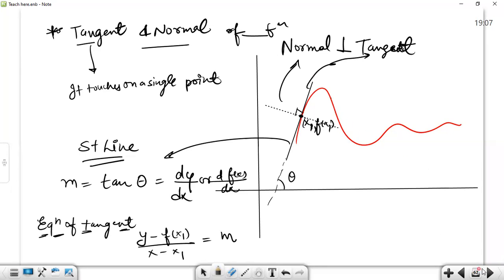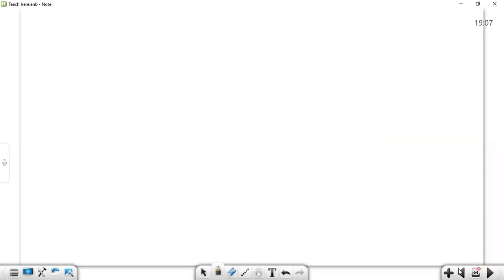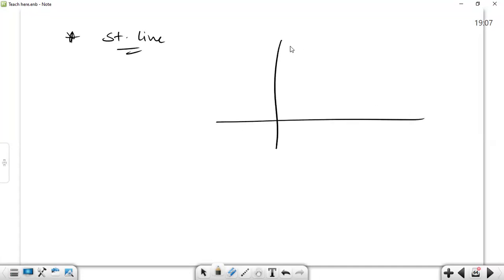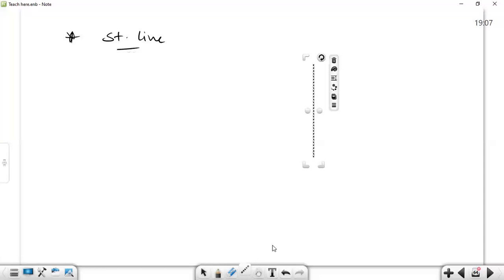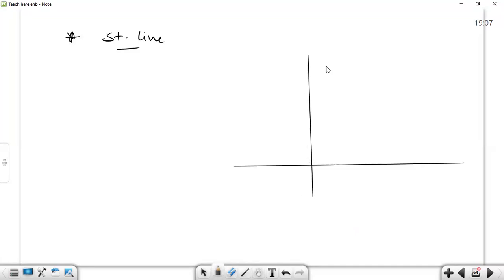Now we know from a property of straight lines that if this is a straight line and this is another straight line, and this particular straight line has slope m1 and the other has slope m2, and these are perpendicular, then the product of the slopes is going to be -1.